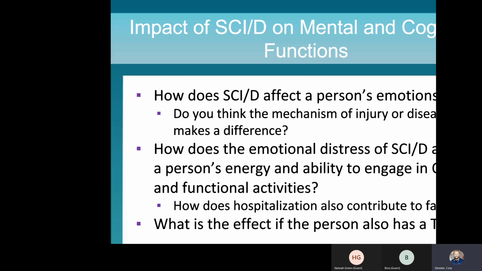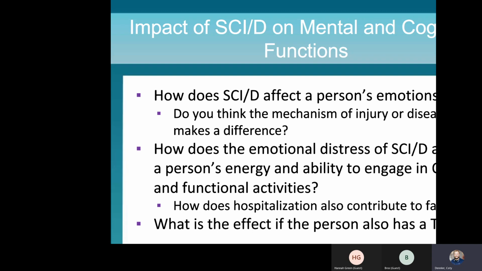So the effect, if a person also has a TBI, like I said, there's close to half of the people who have a spinal cord injury also have a traumatic brain injury. So once the person is medically cleared to work with, you do rehab with them for the spinal cord injury, but you also have to take into account their traumatic brain injury.